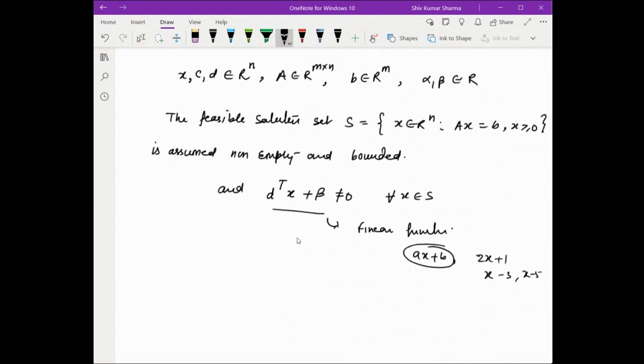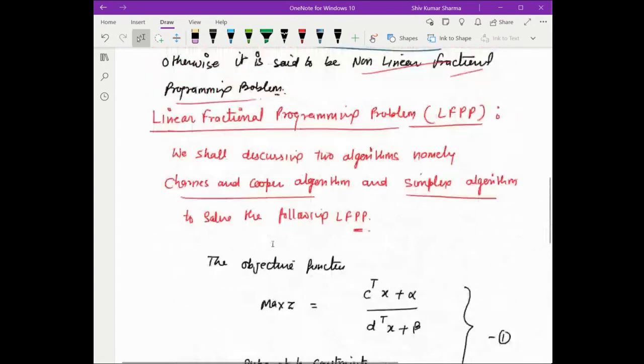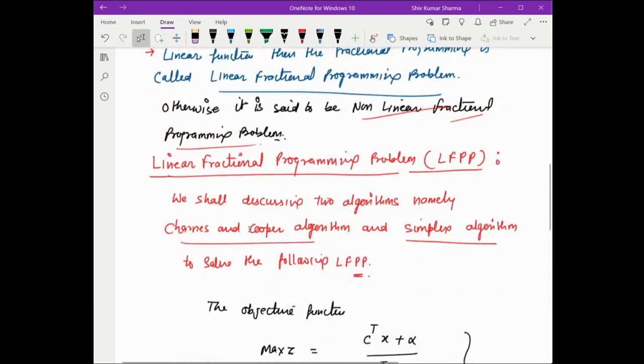So this is the formulation. Now we use methods to solve the linear fractional programming problem. We discussed there are two methods used to solve the LFPP. First is the Charnes-Cooper algorithm and second is the simplex algorithm.